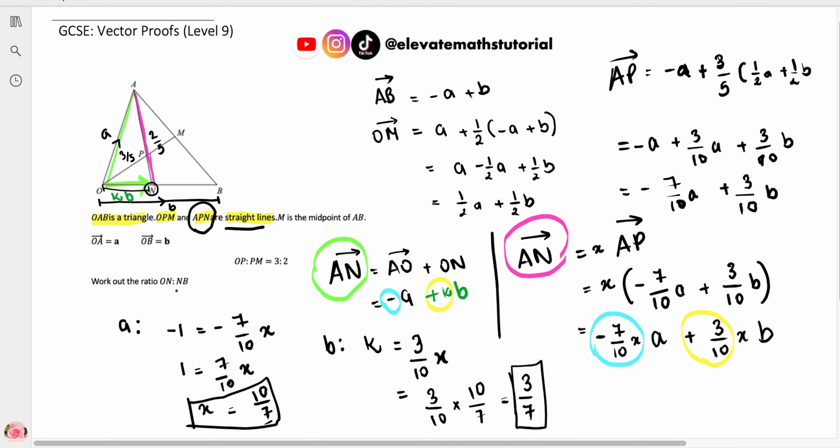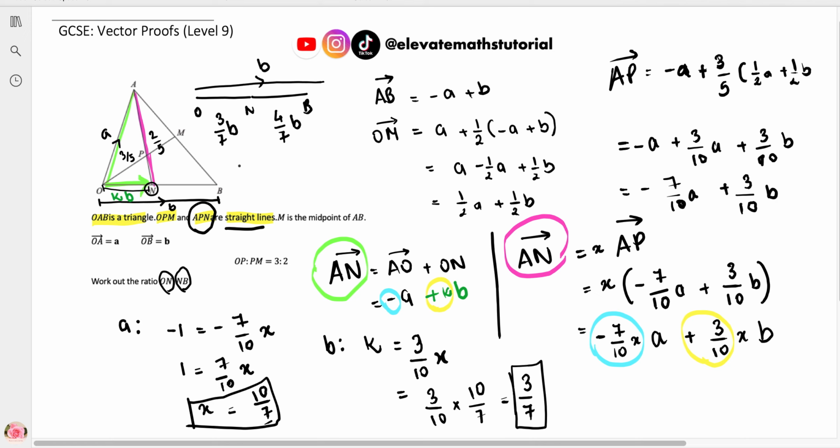We wanted to find the ratio of ON to NB. We found the fraction of the way we need to go to ON. So what they're saying is that O to N, this vector is 3/7 of b. That means that vector NB is 4/7 of b, because OB, that vector is just b.